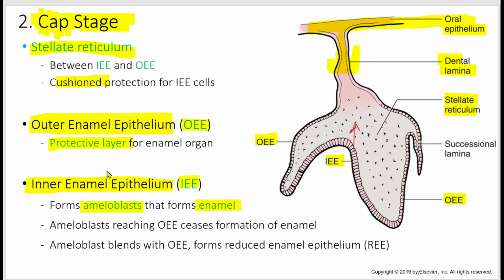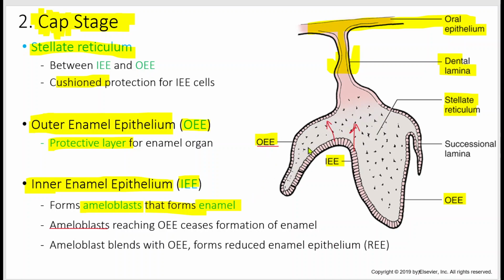so the inner enamel epithelium is the one that will make the ameloblasts, and the ameloblasts would form the enamel. So once we get down more, or up more, however you want to call it, and the ameloblasts reach the outer enamel epithelium, right?